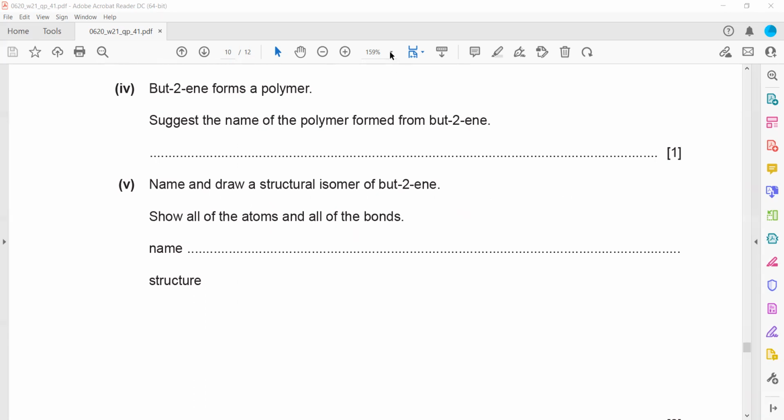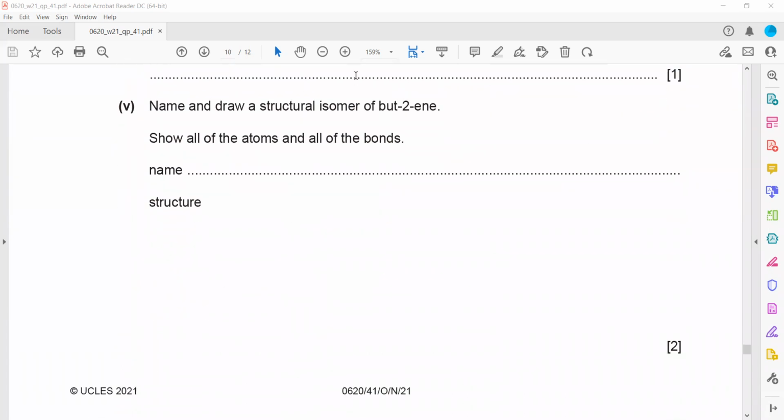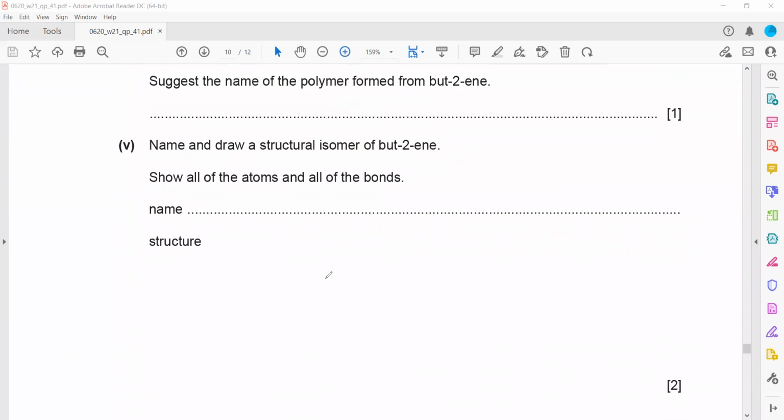Butene means the double bond is between the second and third carbon. Now we draw the same number of carbon atoms, 1, 2, 3, 4, and the double bond is now placed between the first two carbon atoms. And then we put hydrogens: this will have 2 hydrogens, this 1, this 2, and this 3.